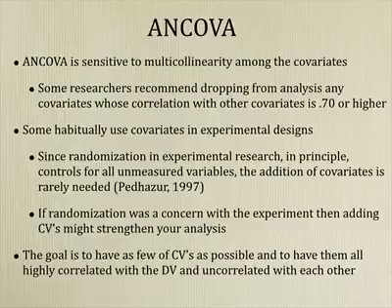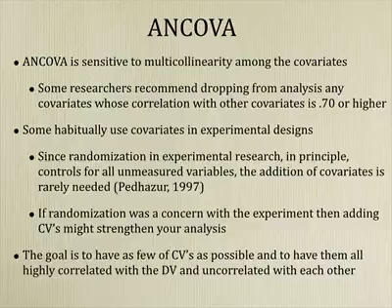And I would say that the goal is to have as few covariates as possible, and to have all of the covariates be highly correlated with the dependent variable and uncorrelated with each other. If the covariate is uncorrelated with the dependent variable, it really doesn't need to be a part of the analysis.